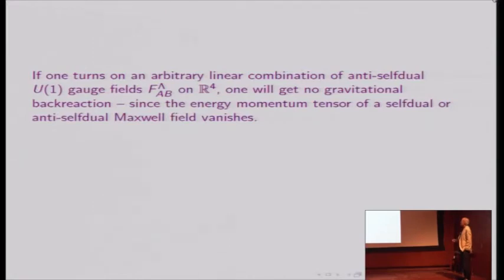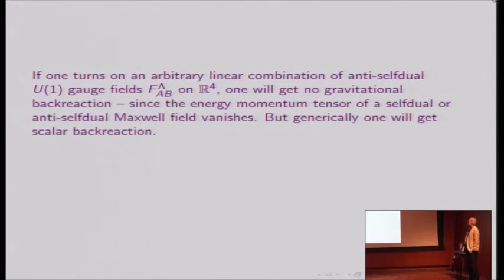Now, if we turn on an arbitrary linear combination of anti-self-dual U1 gauge fields, we'll get no gravitational back reaction, since the energy momentum tensor of a self-dual or anti-self-dual Maxwell field vanishes. But generically, we'll get scalar back reaction, because there are a lot of scalar fields in type 2 on Calabi-Yau, and scalar fields couple to bilinears in F that are non-zero, even if F is self-dual or anti-self-dual. So generically, we'll produce scalar back reaction, and then we won't know what to do.